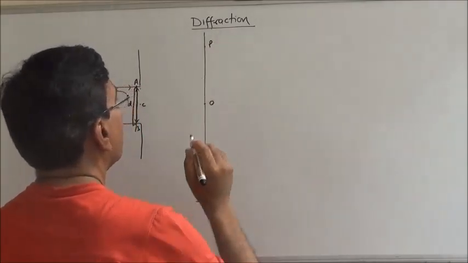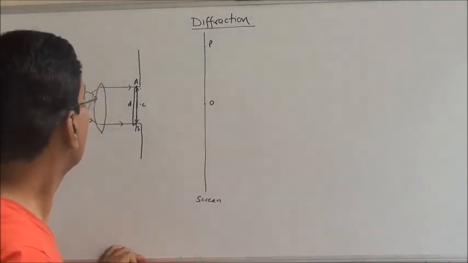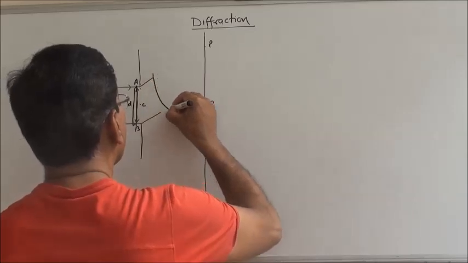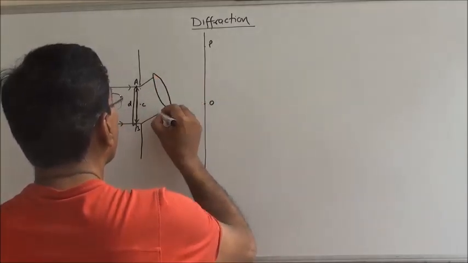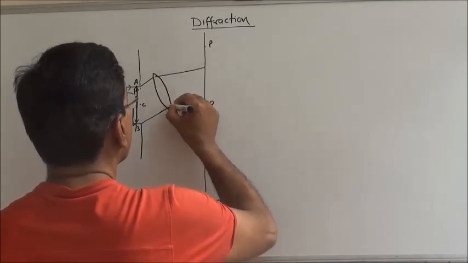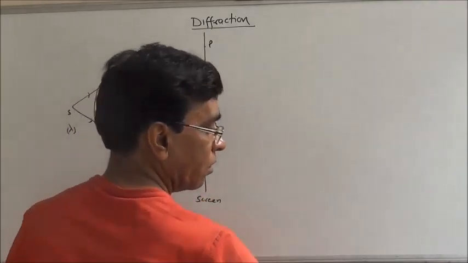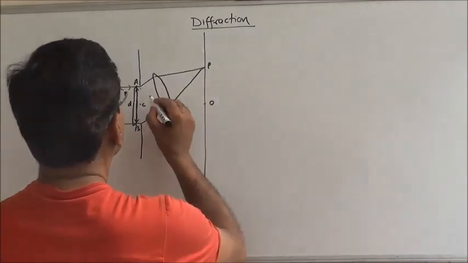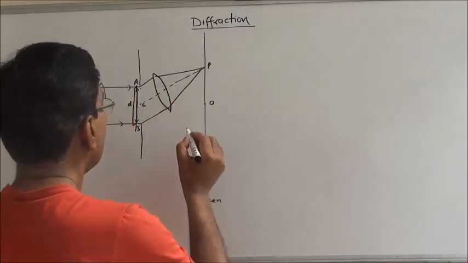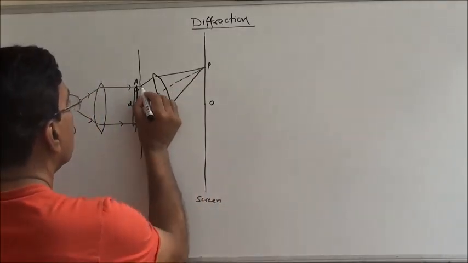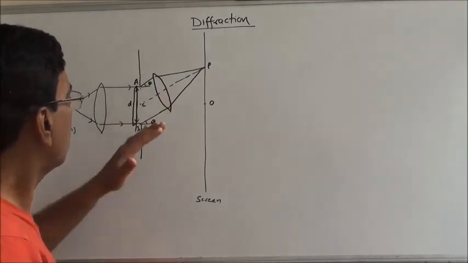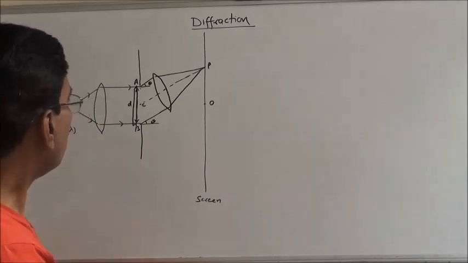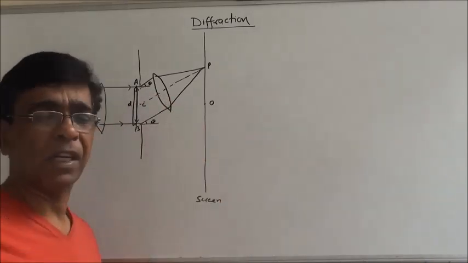Let me take a general point now, P. I am taking those secondary wavelets which are reaching at P. From here, this theta will be called the angle of diffraction.